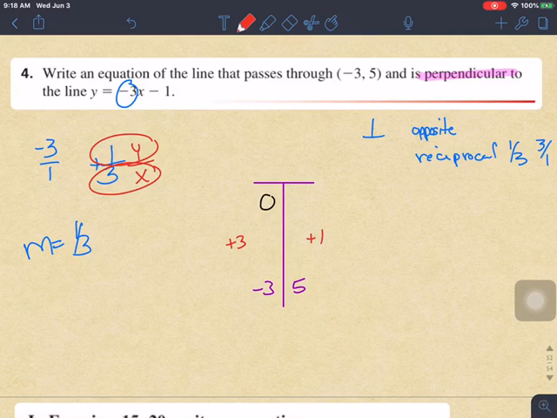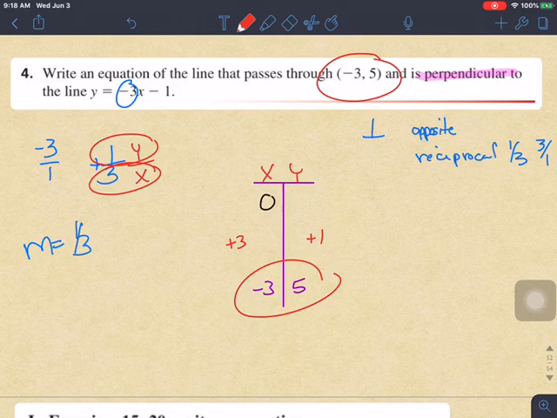Now what I've done is I've just made a simple t-chart, an input-output chart. This is the point that they say it passes through. So we have a line passing through this spot. This is not the y-intercept, and what we want to do is find the y-intercept. We know the slope, and we know it passes through here.